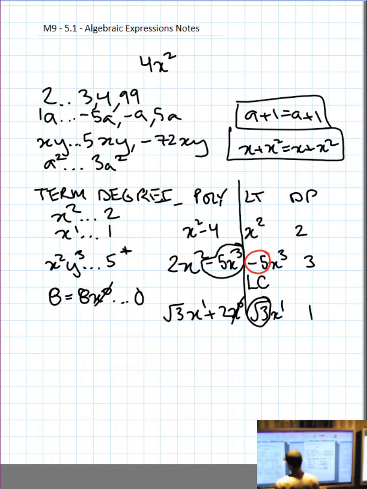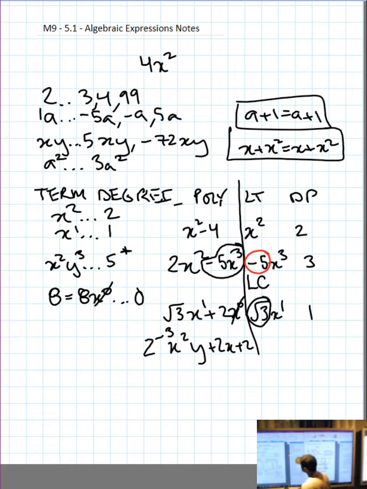Looking at the next example, we have 2 to the negative 3 x squared y plus 2x squared plus 2. Now, let's write that one down. 2 to the negative 3 x squared y plus 2x plus 2. So, the leading term is what?